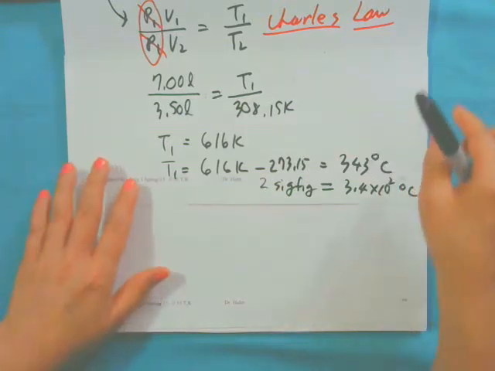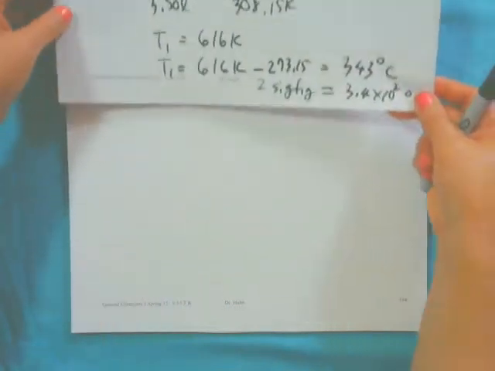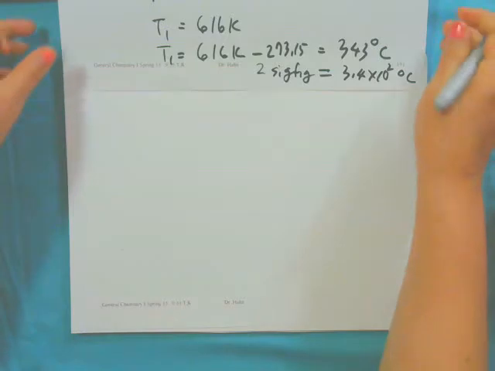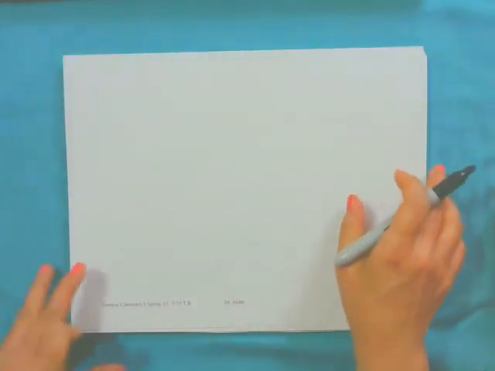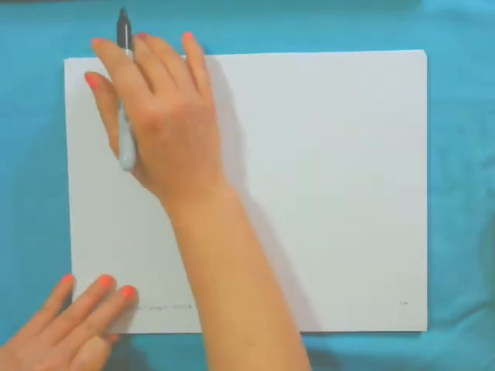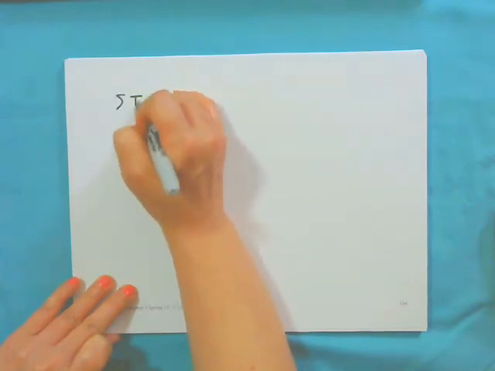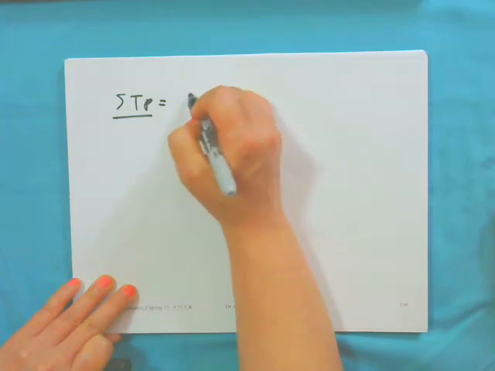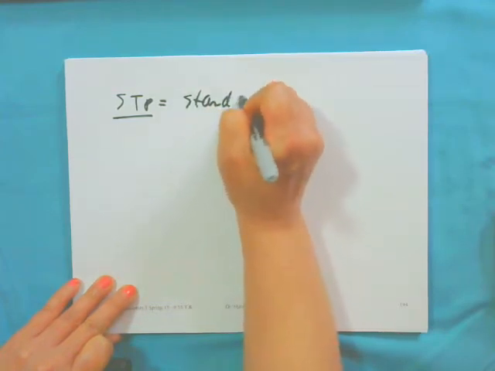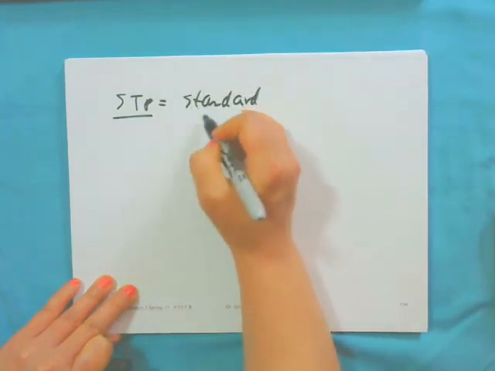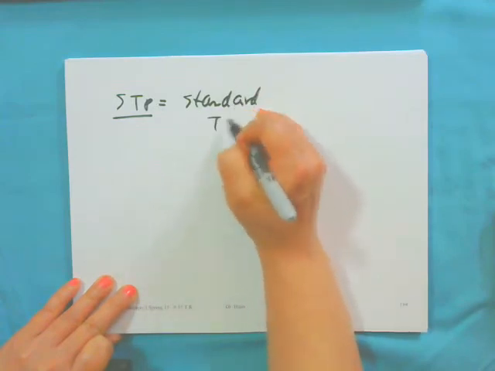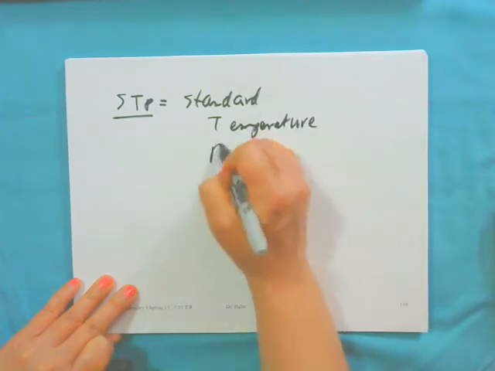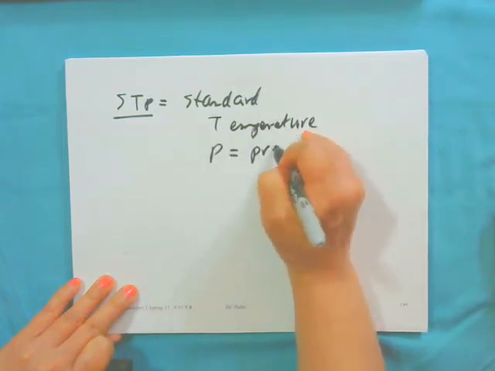Okay, so next, let's look at the concept of molar volume. All right, so we have something called STP, and STP stands for, S stands for standard, T represents temperature, and P represents pressure.